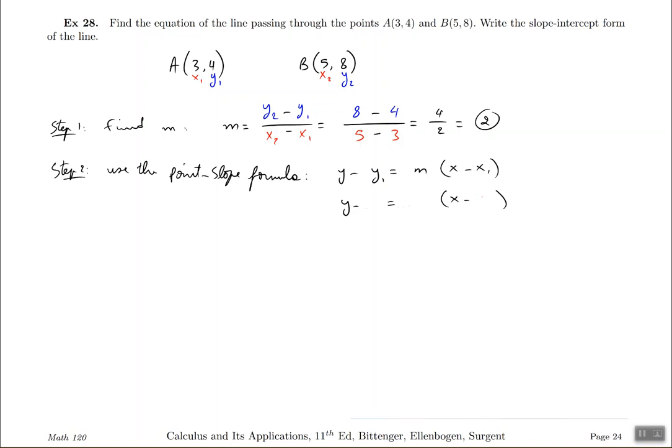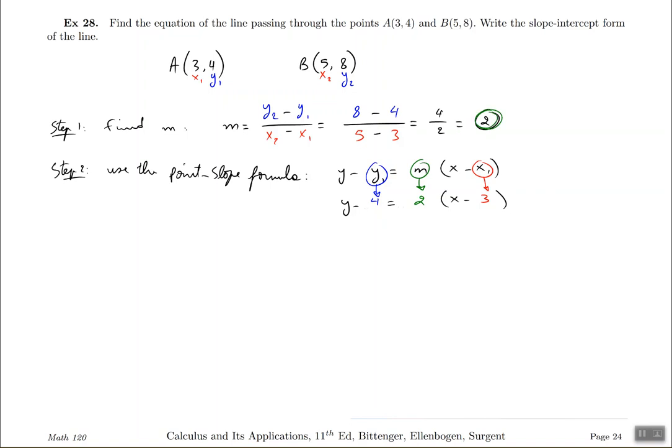The x1 in this case was given to us. X1 is 3, so I'm just going to replace it. And y1 is 4, given to me because that was the point (3, 4), the point A. And finally, m is the number I found myself, which was 2, in the first part of the problem.